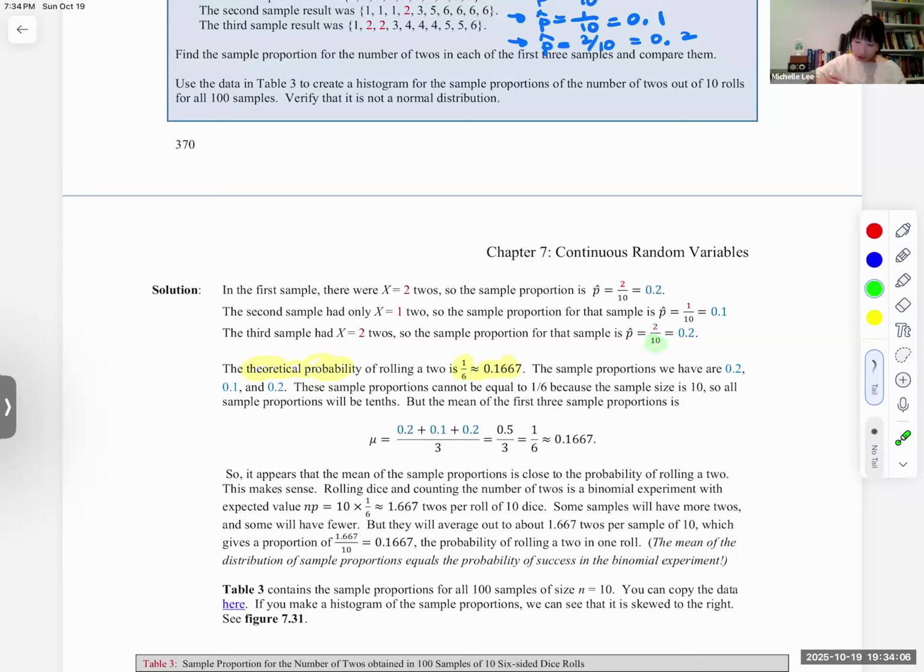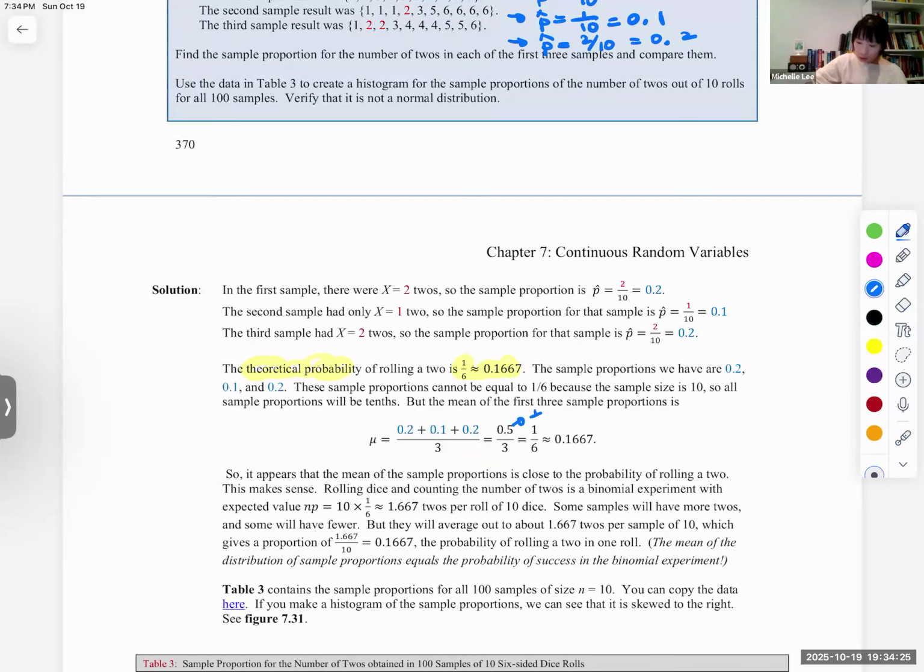But if we take the average of the 3 numbers, 0.2 plus 0.1 plus 0.2, divided by 3, that's the mean, right? So it's 0.5, which means 1 over 2.